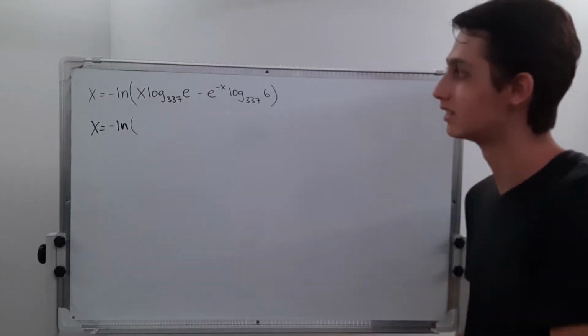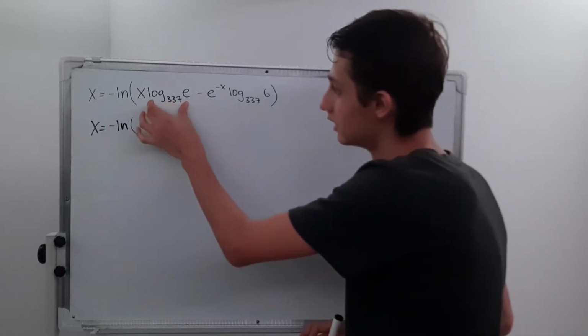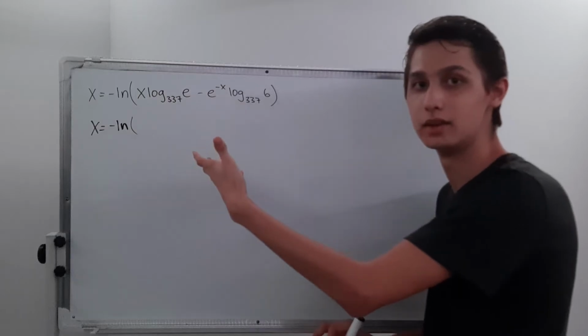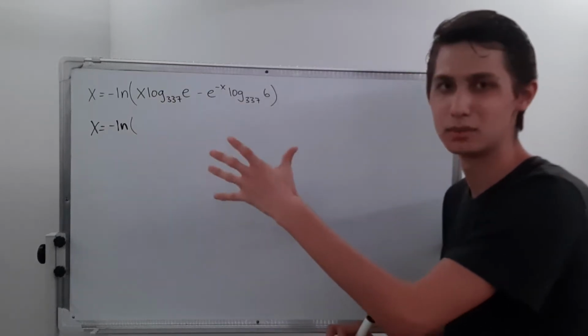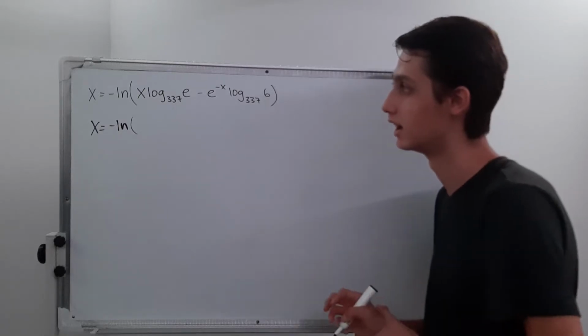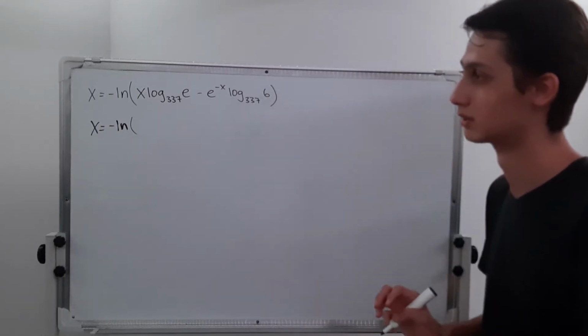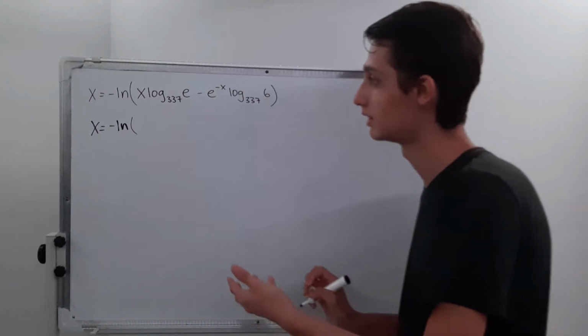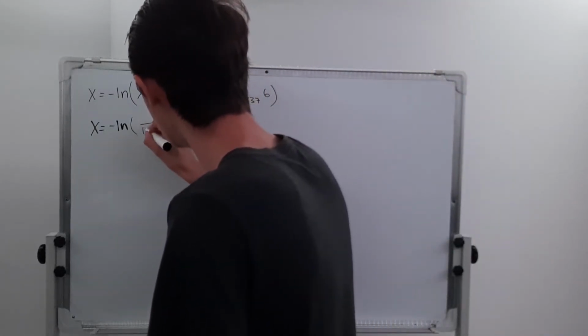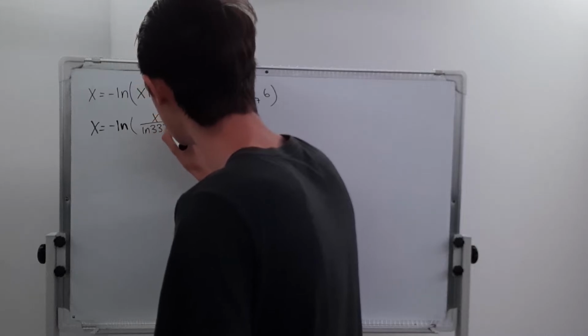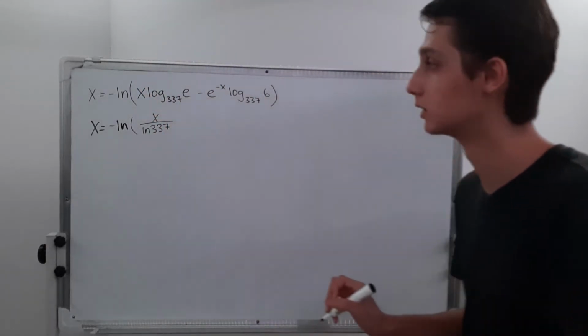And we can really easily do that. This is just equal to 1 over ln of 337, just by the change of base formula. And I think I'm going to make a short about that, just to show that it's really true. But yeah, basically we can just say this is x over ln of 337. Alright, and I think that would be really useful for us.